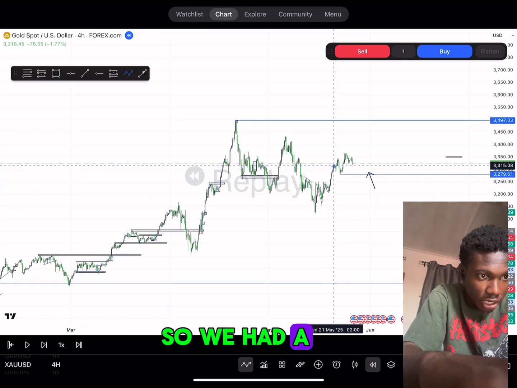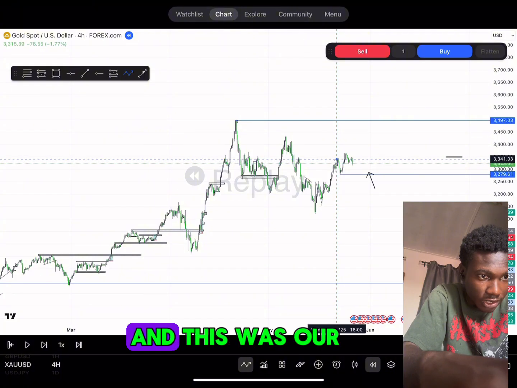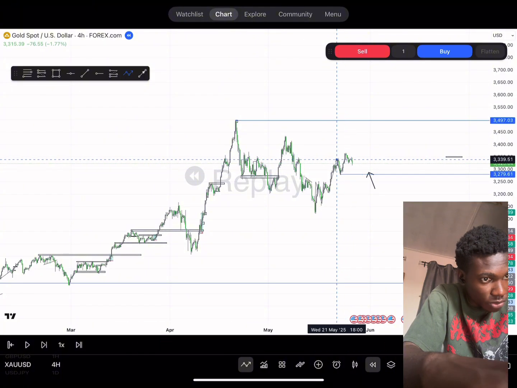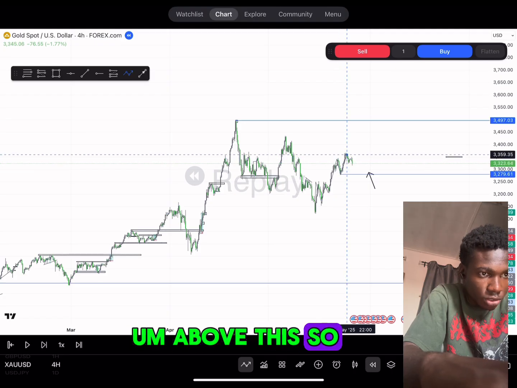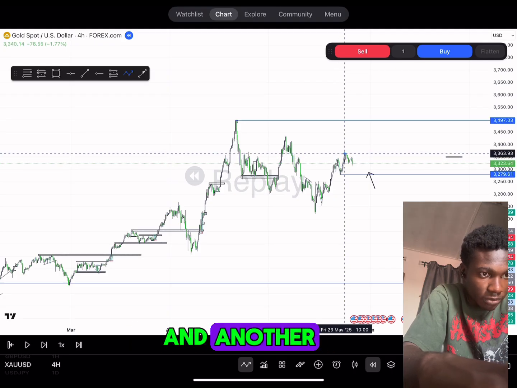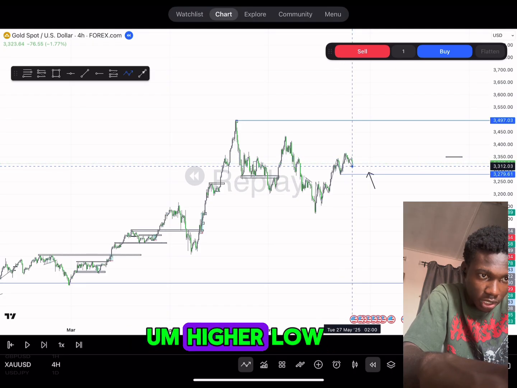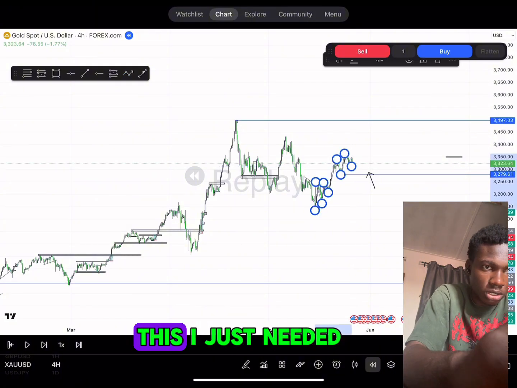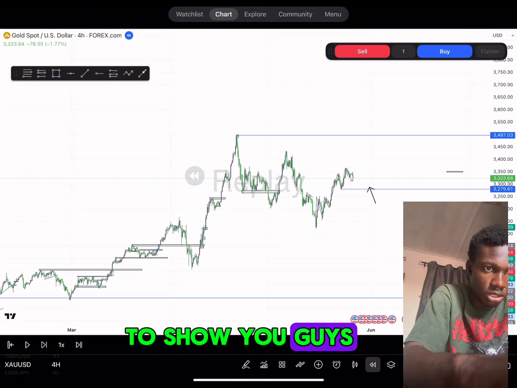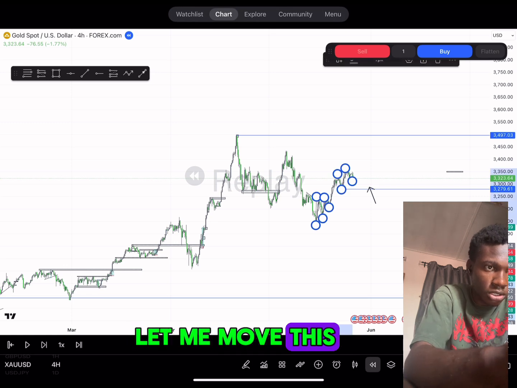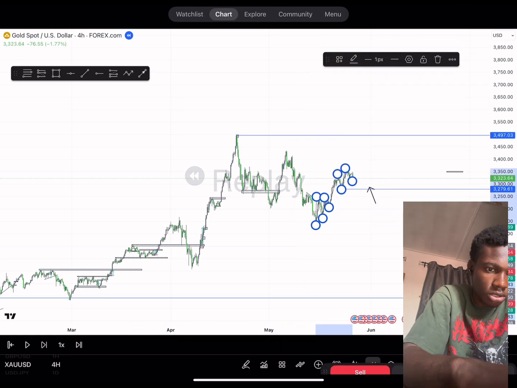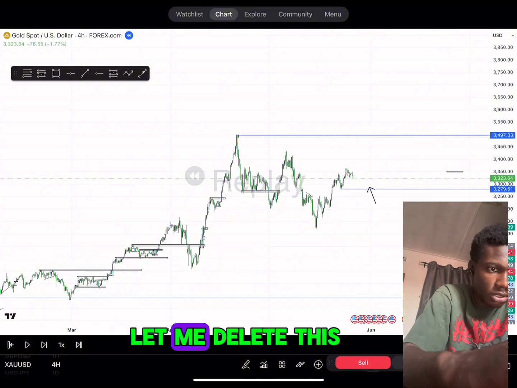So we had a higher high here, and this was our higher low, and another higher high because it was above this, and another higher low. So we're here now. Let me delete this. I just wanted to show you guys. Let me move this to the downside. So let me delete this.